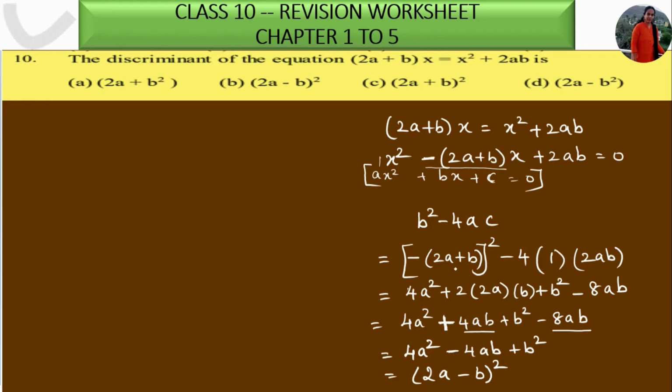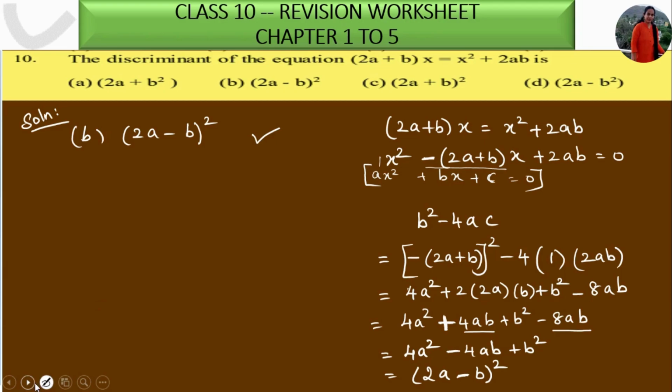So if this sign changes to negative, then the solution will be (2a minus b) whole square. So here option B is the right answer. So the solution is option B, (2a minus b) whole square is the right answer.